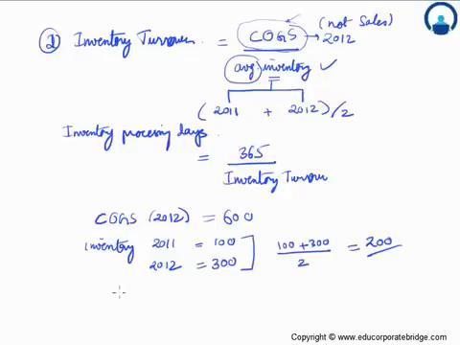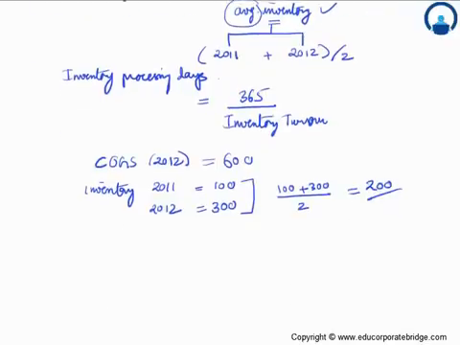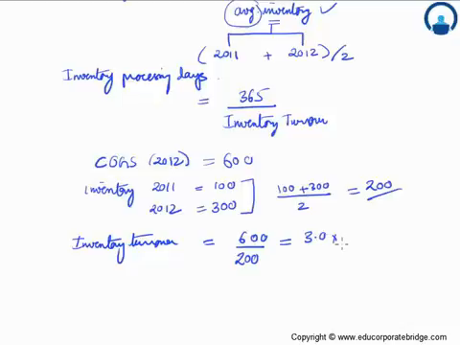So if we want to calculate the inventory turnover, it would be COGS, that is 600, and in the denominator average inventory, that is 200. So this comes out to be 3.0 times. And if we have to calculate the inventory processing days, this would be 365 divided by 3.0. So this will come out to be approximately 122 days.